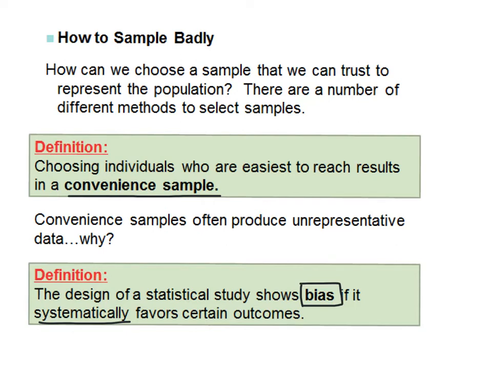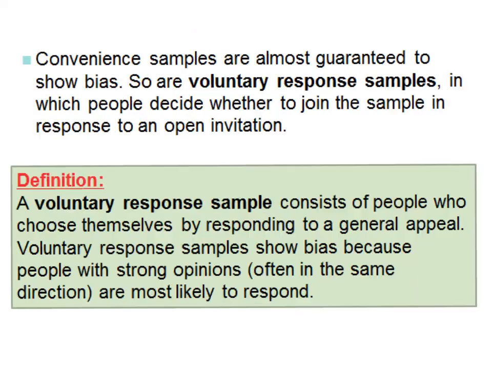And if you don't pay attention to the principles of sampling in this lesson and you want to get data fast and easy, you probably have bias that you're dealing with. This is a bad sample, right? Sometimes it happens. Sometimes you have to do it. We should avoid it.